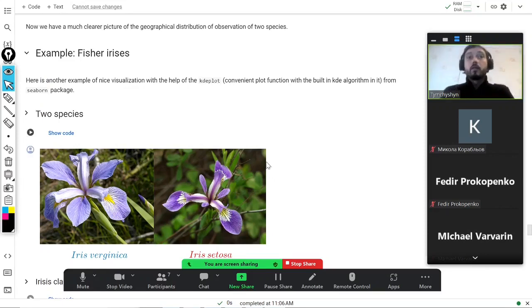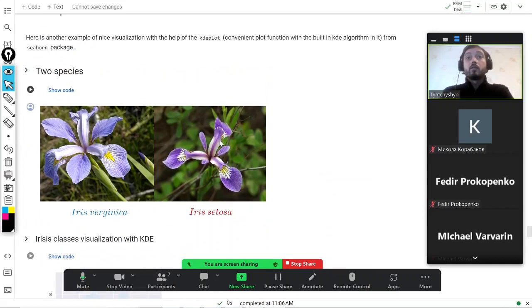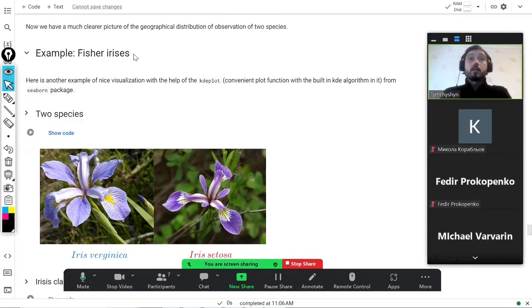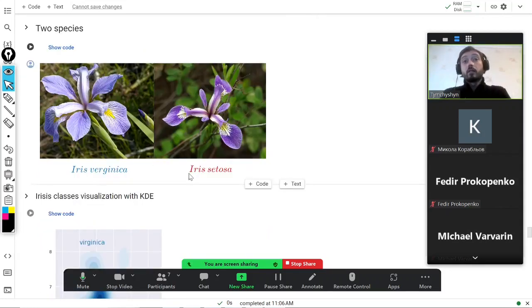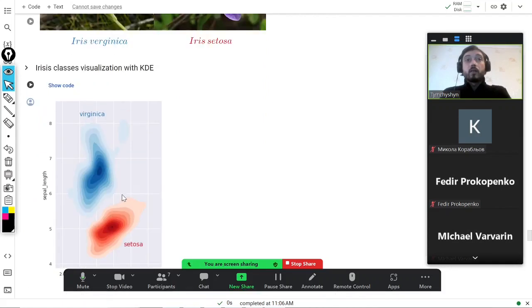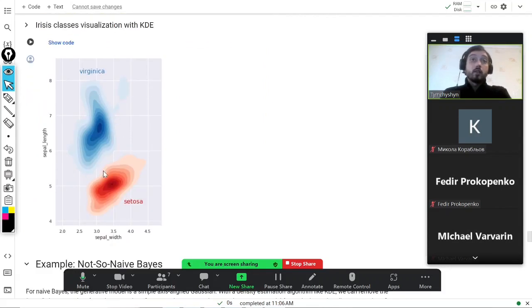One more example of visualization. It's a very well-known data set with irises, Fisher irises. Here I'm considering just two different species of the irises, and here is an example of visualization. I guess there are three features, but I have visualized two only, and here is the visualization of sepal width and sepal length.